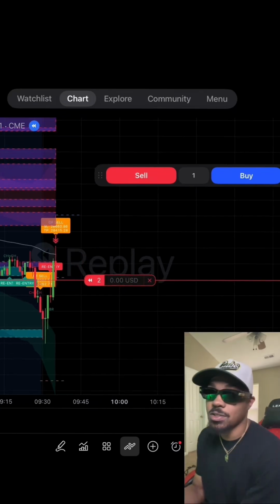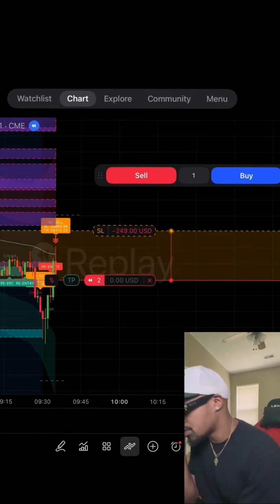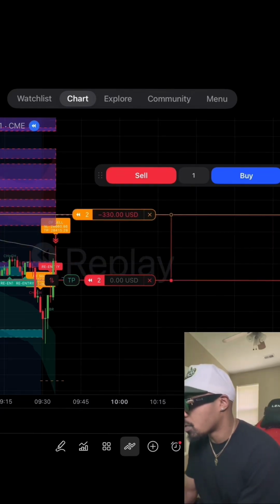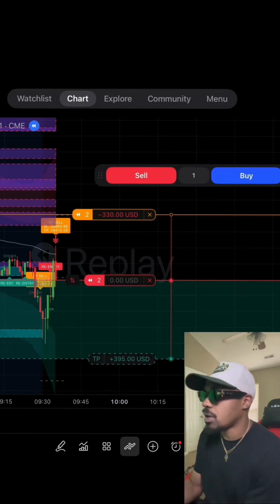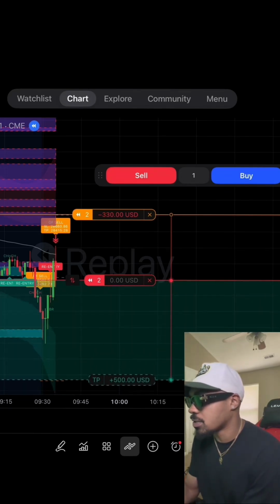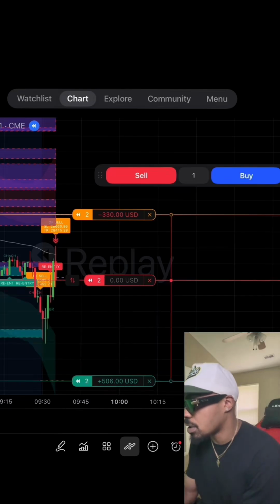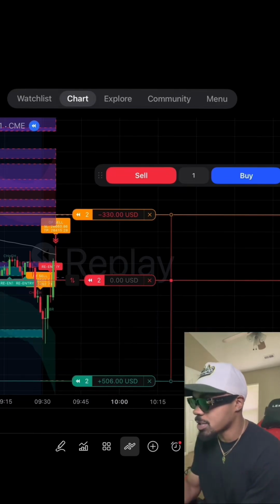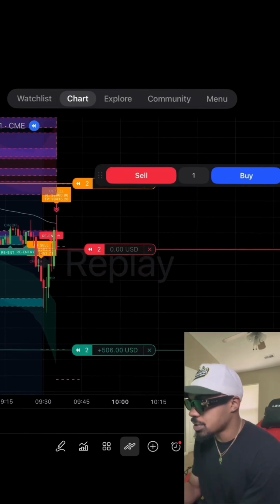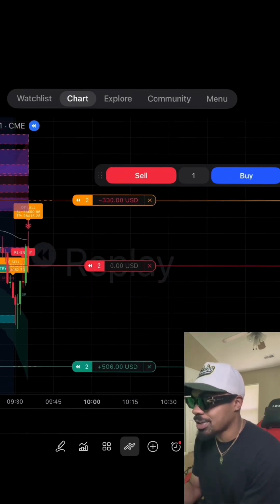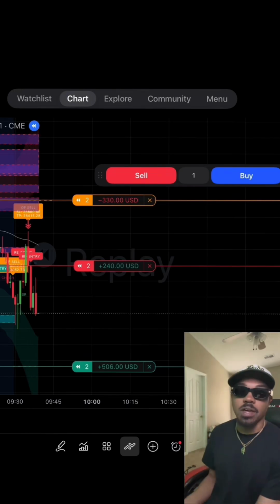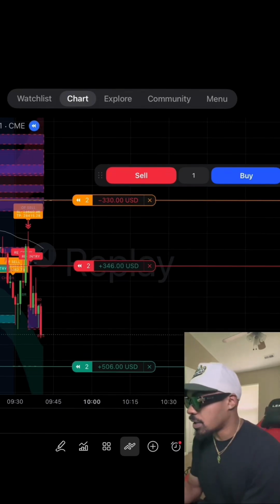We get a sell signal right here at the top, bouncing off of this bearish order block. So we're going to go ahead and enter, right? So for me, I like to trade MNQ because I get to control my micros a little bit better, have a little bit better risk management. So majority of my trades, I'm only risking up to like 300 to 450 at most, you know what I'm saying? So, all right, cool.